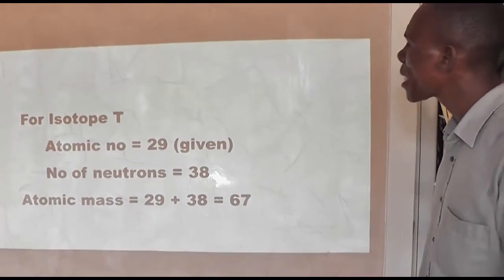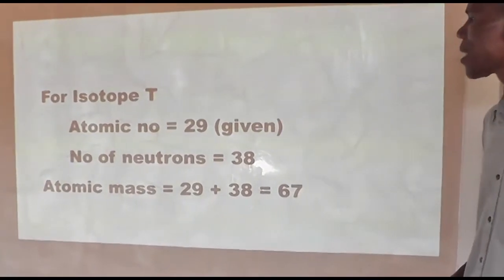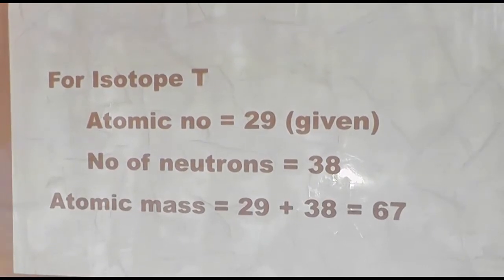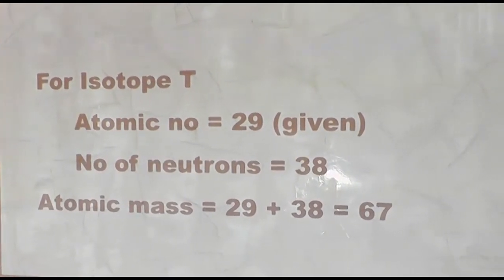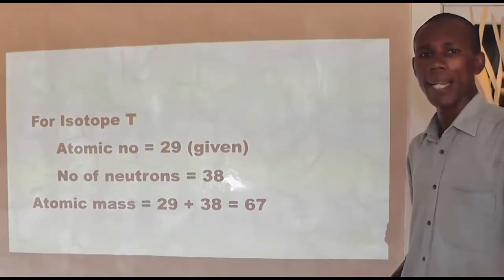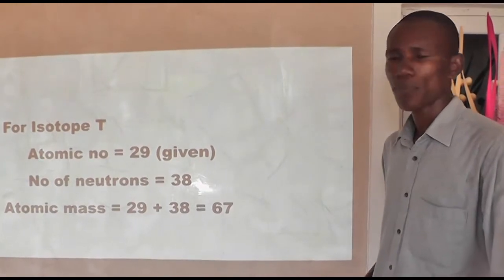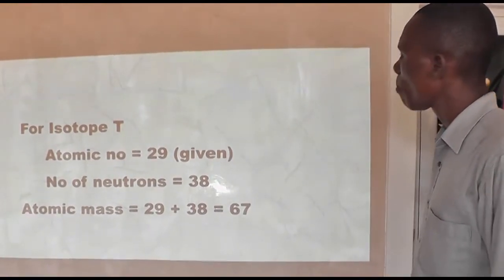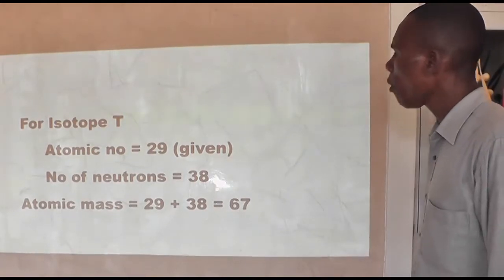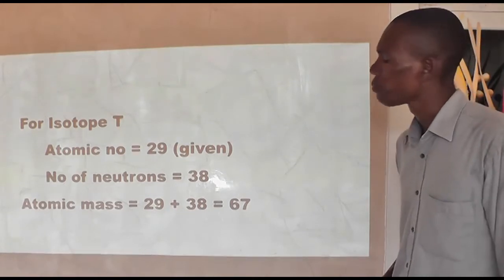For isotope T, the atomic number is equal to 29, given. Remember that T and V are isotopes, hence they exhibit the same atomic number. The number of neutrons of T is equal to 38, given as well.